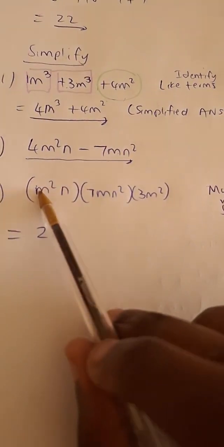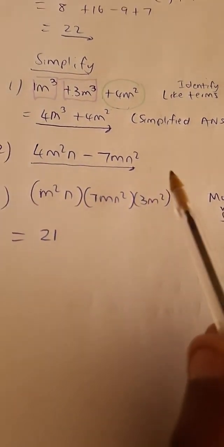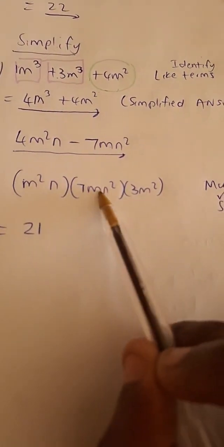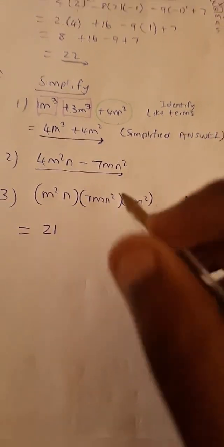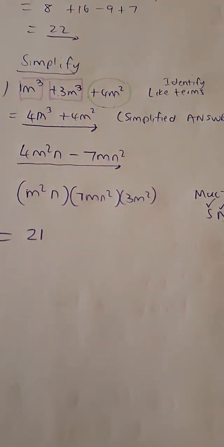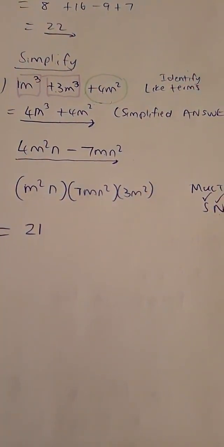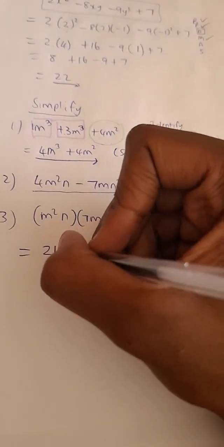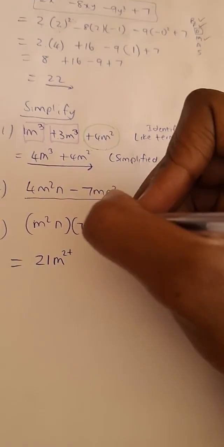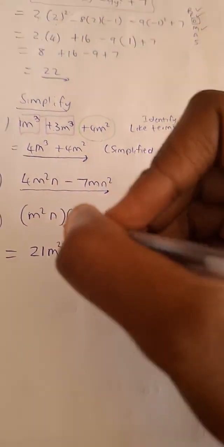Letters of the alphabet. m, m, m. m squared, m, m squared. When we are multiplying same bases, the rule that applies to exponents, the laws of exponents, we keep the base and we add the exponents. We know there's an exponent 1 there.